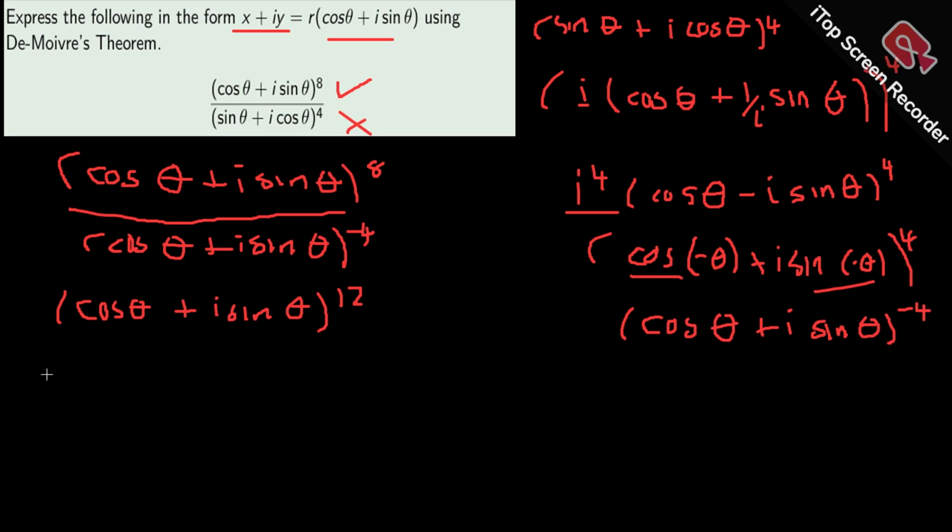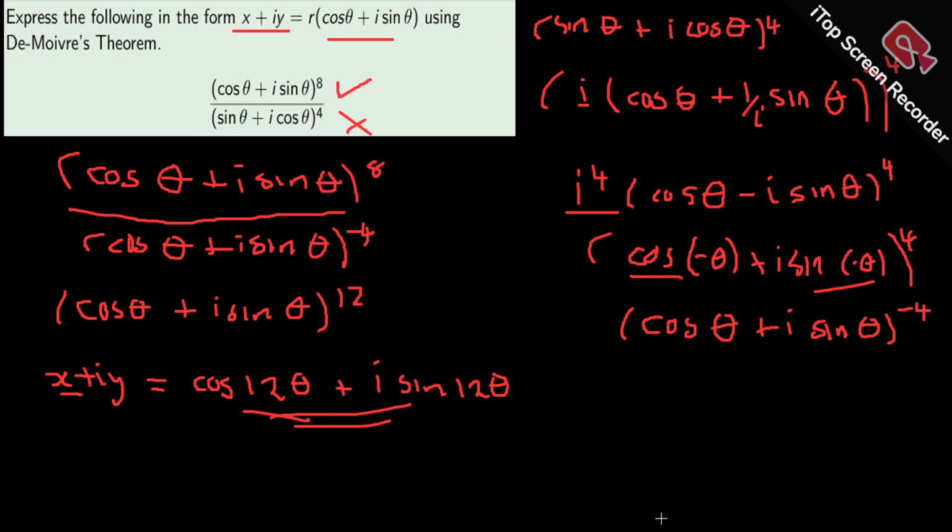Just going to say that x plus iy is the same as cos 12 theta plus i sine 12 theta, according to De Moivre's. Okay, so by doing so, we're done. We don't know the value of theta, so we can't take this form to this form. So it's supposed to end here.